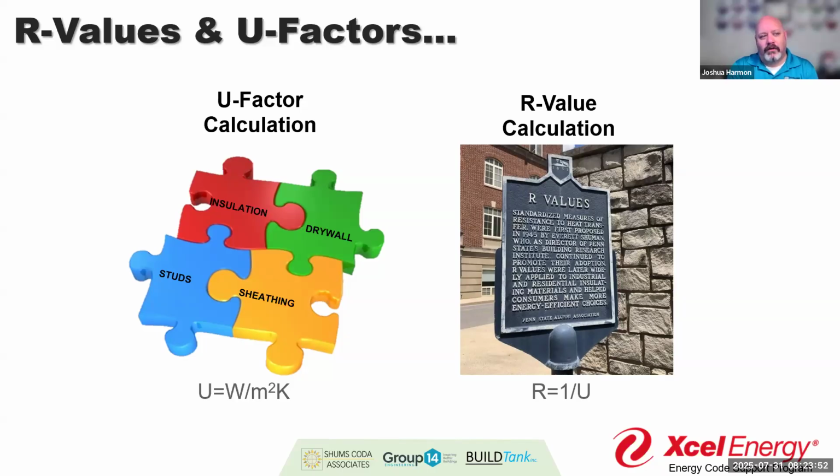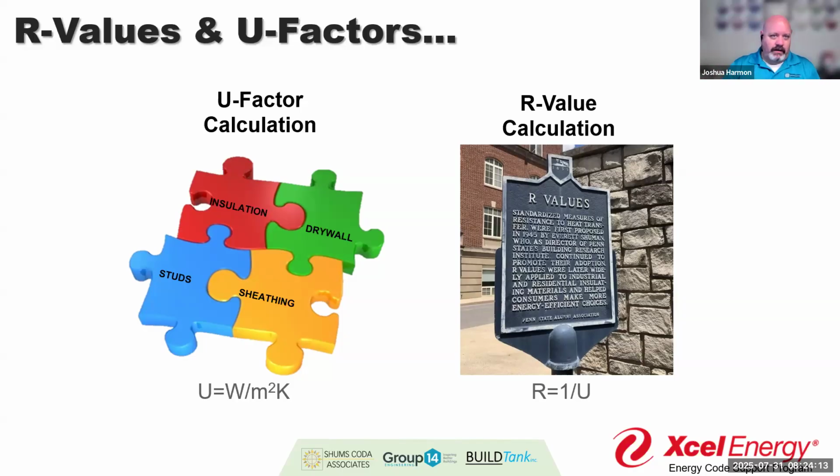We know as many people in marketing would say, bigger is always better. That's why I buy a venti and not a large, or a grande. We're talking about coffee there for those that aren't in the parlance. But we want that bigger coffee. We want that bigger insulation number.